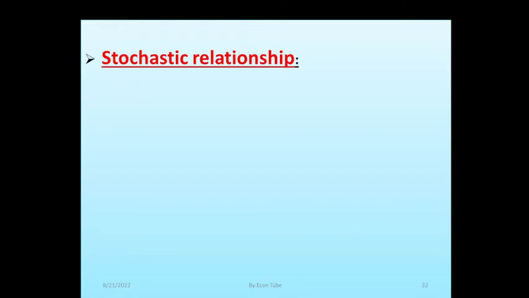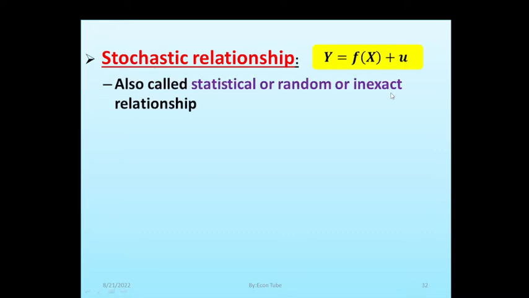If you look at the stochastic relationship, we now add a new variable, which is a random or irregular variable, which is called a statistical or random relationship, an inexact relationship.